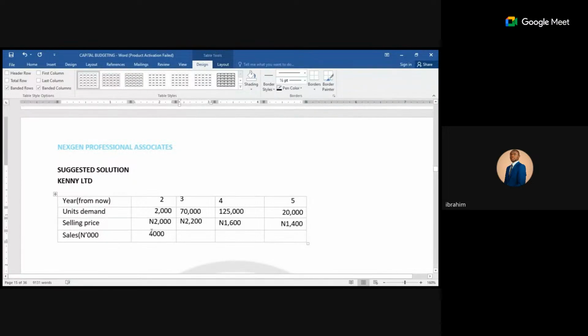Next. That's 54,000. Year 2. Year 3. 154,000. Okay, 154.